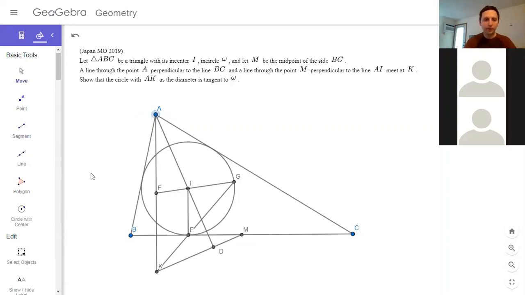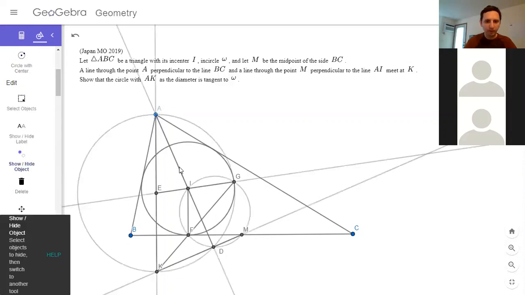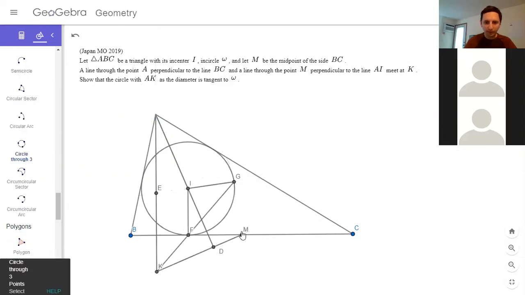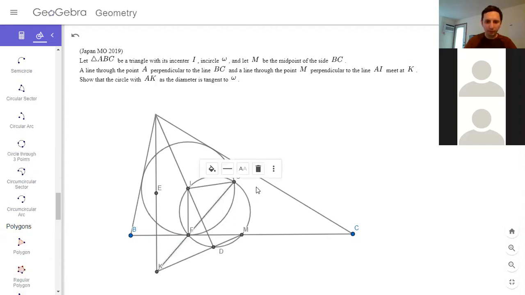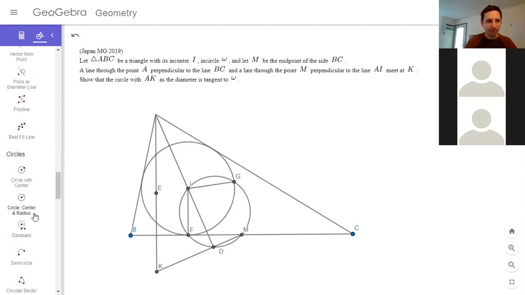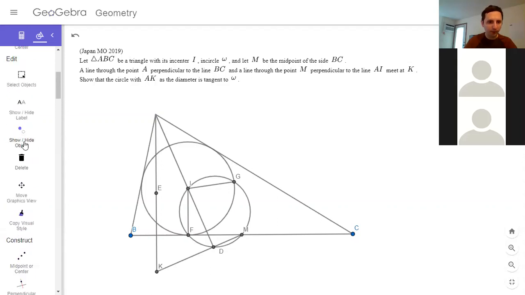What if, you know what? First, I'm going to do it like this. I'm going to let this circle meet the other circle at G. And then first we want to show KF and G are collinear. Then we could try to show EI and G are collinear. I lost point A there.